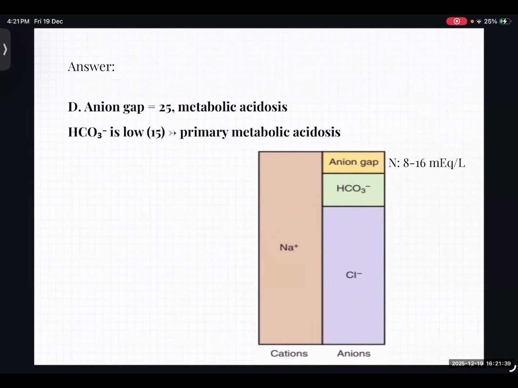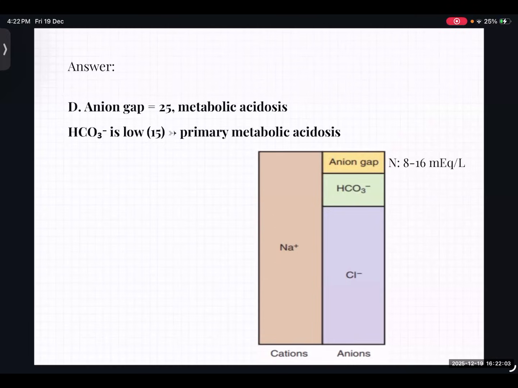So if we have an increased one, we definitely assume that the bicarbonates have decreased. And we can see on this figure, if the bicarbonates decrease, for example here, the anion gap would be greater by this much, and that would be over our normal value. It's just a visual representation of what actually happens.